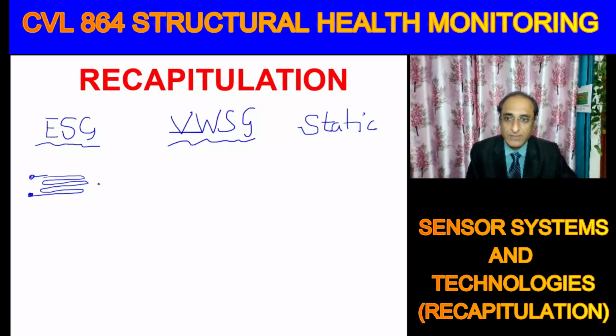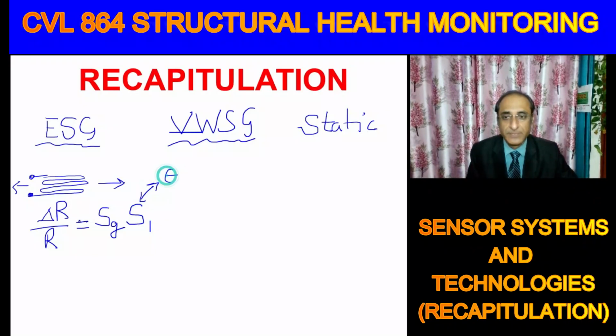If the component is under any kind of stress, the resistance of the foil will change, and this is represented by the relation delta R by R is equal to the gauge factor multiplied by the strain we have to measure. We can use the symbol S1 or you can use the symbol epsilon, it does not matter.